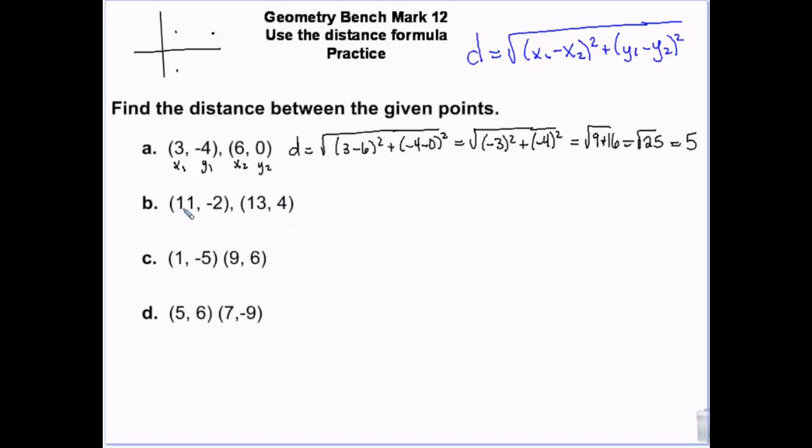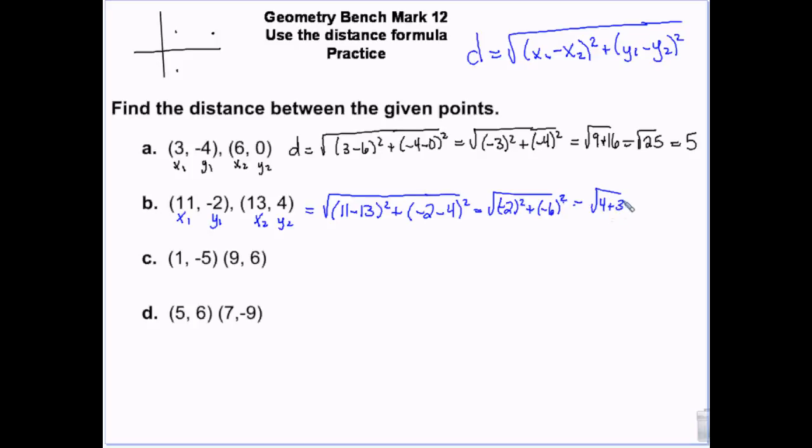So the first one is x1, y1, and then the second one is x2, y2. And then you plug those numbers in, the same way we always follow. So x1 minus x2, so I have 11 minus 13 squared plus negative 2 minus 4 squared, which gives me negative 2 squared and negative 6 squared, which gives me 4 plus 36, which gives me the square root of 40.